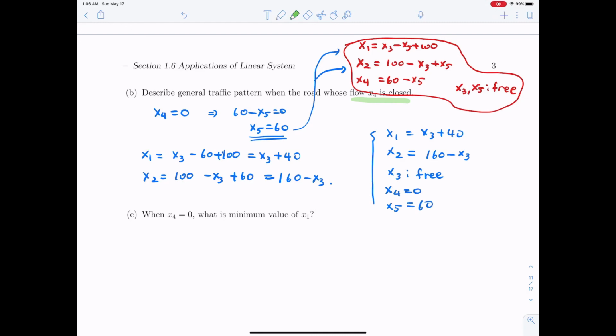And because we cannot reverse the direction of the flow, x3 is positive, so the minimum of x1 is 40 cars per minute. We can solve a lot of different complicated systems of linear equations by using the matrix techniques we have learned so far.